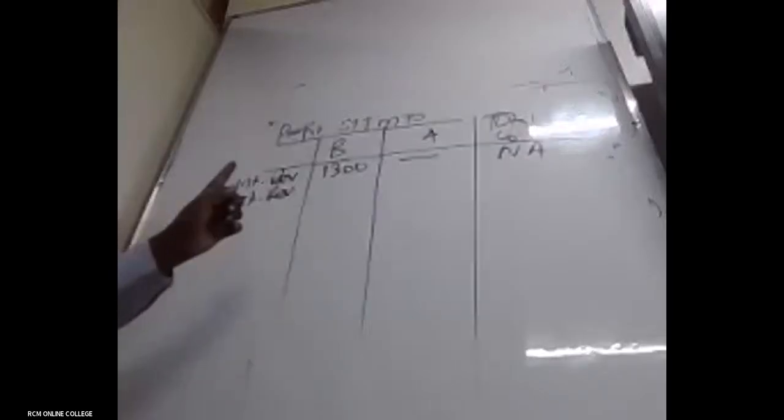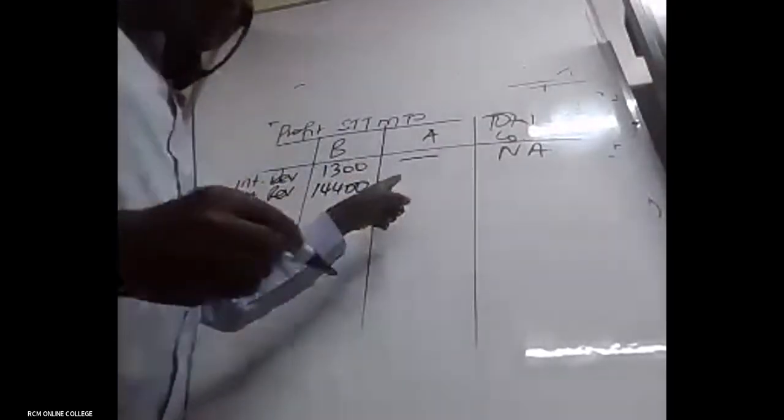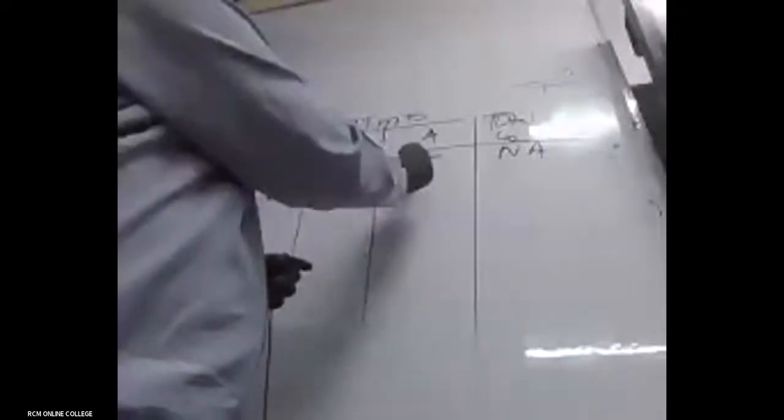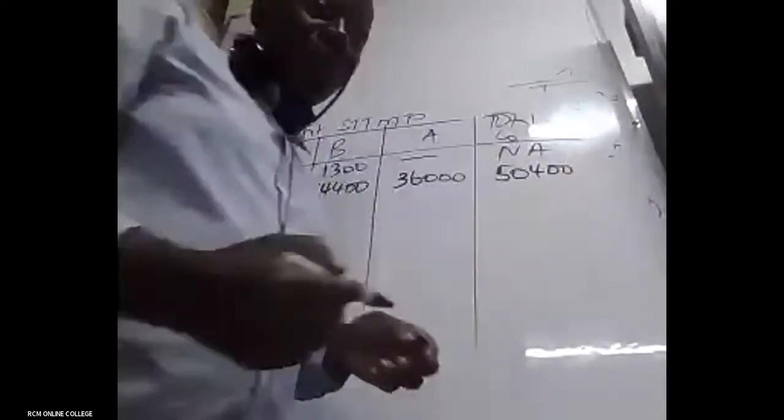External revenue from B, how much? 14,400. For A, how much was the external revenue? 36,000. Giving us how much here? 5,400. Thank you so much.